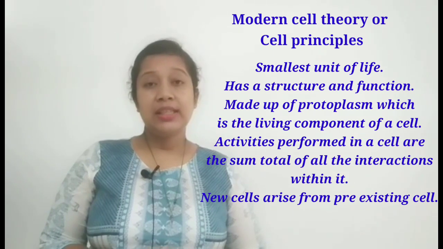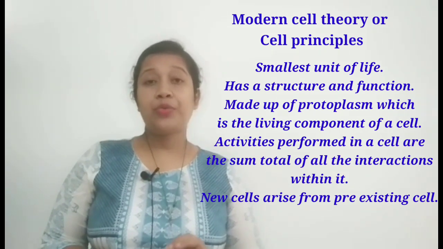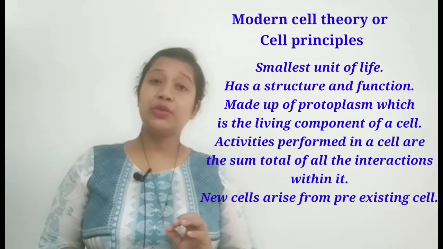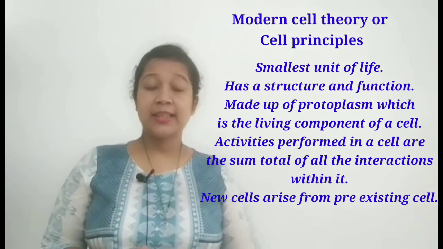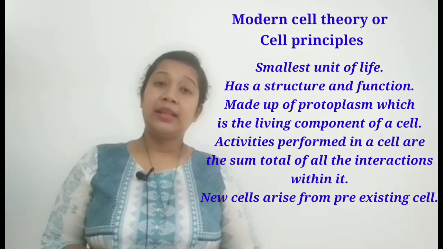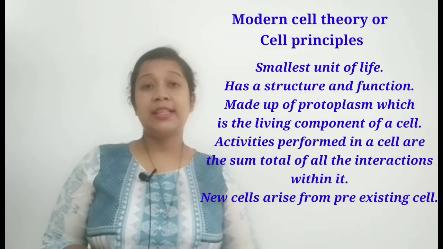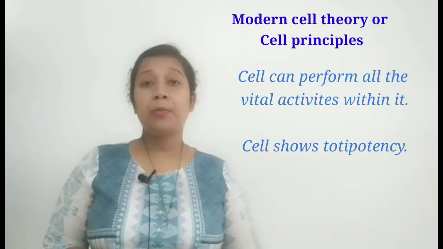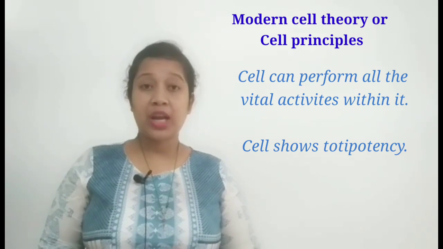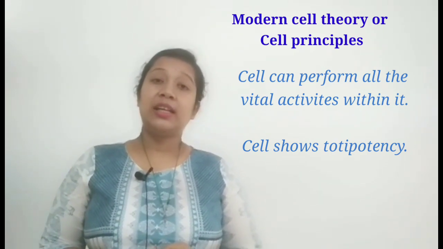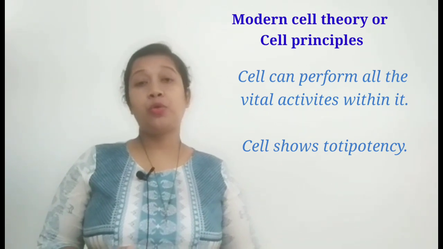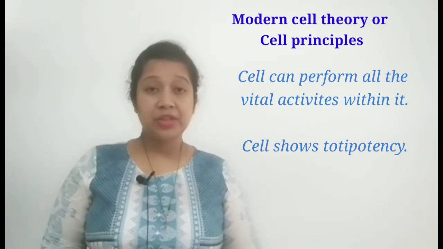Fifth, a cell always arises from a pre-existing cell. Sixth, a cell can perform all the vital activities of life. Seventh, a cell always shows its totipotent nature.